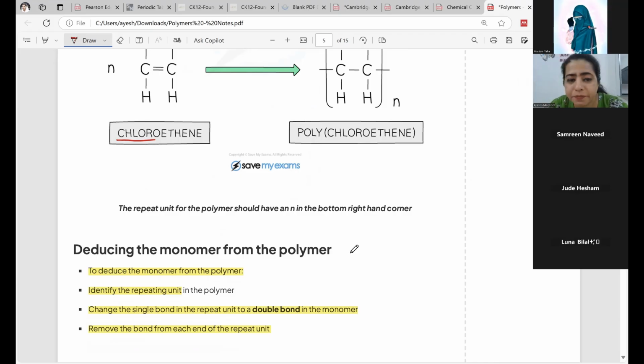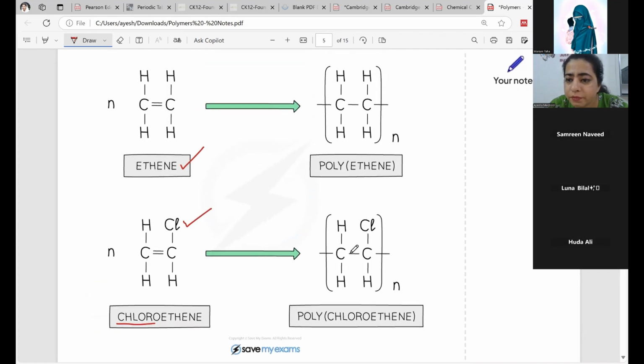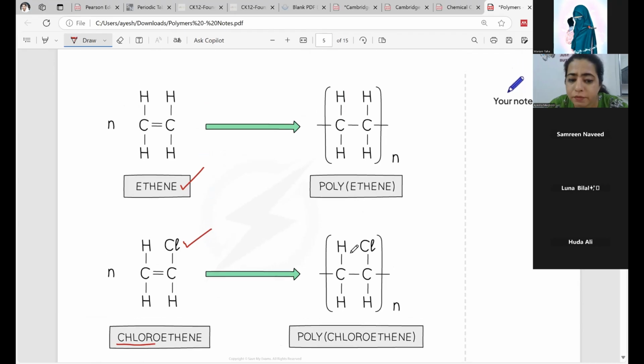Okay, yes, Mariam. Miss, I still can't understand. If we break the double bond, they will make a bond again with what? Yeah, we will break the double bond from the center and then they're going to make bonds on the sides. By breaking the central bond, they make new bonds on both sides.